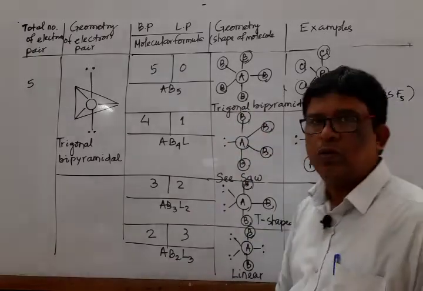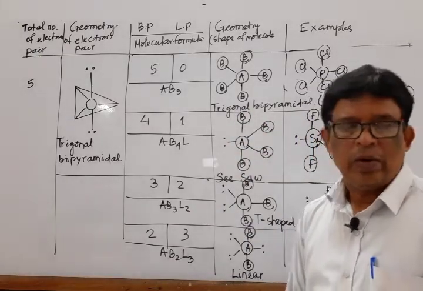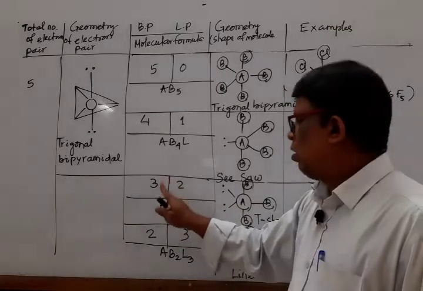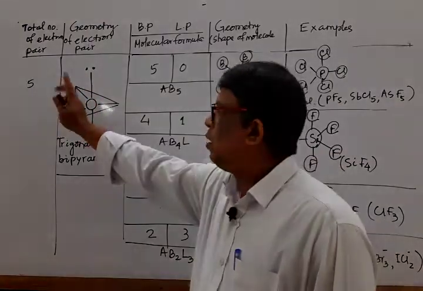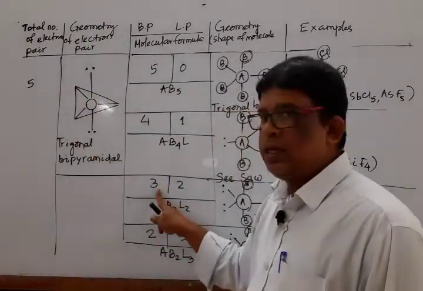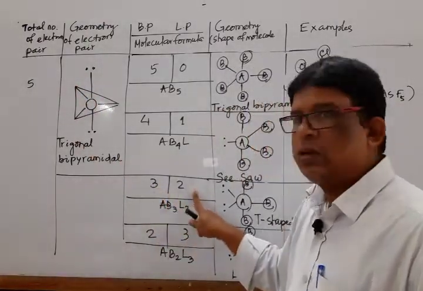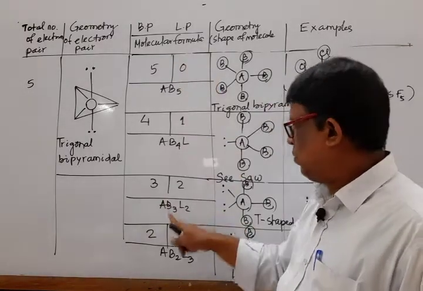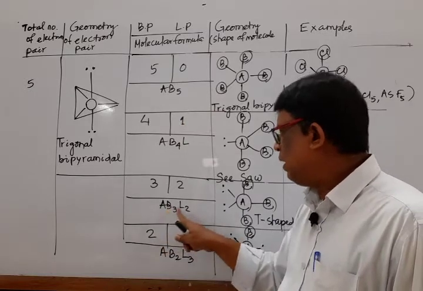Case 1, case 2. Move to case 3. What is case 3? Case 3 is that out of the 5 electron pair, 3 are bond pair and 2 are lone pair. If it is the case, then the molecular formula is represented by AB3L2.